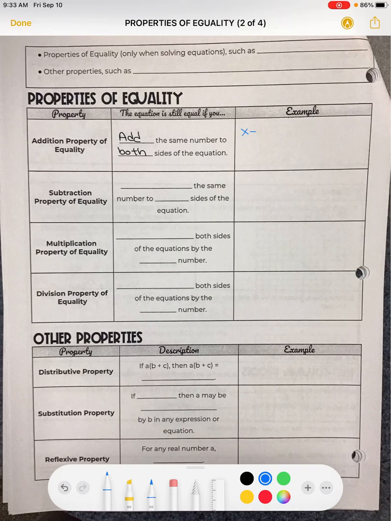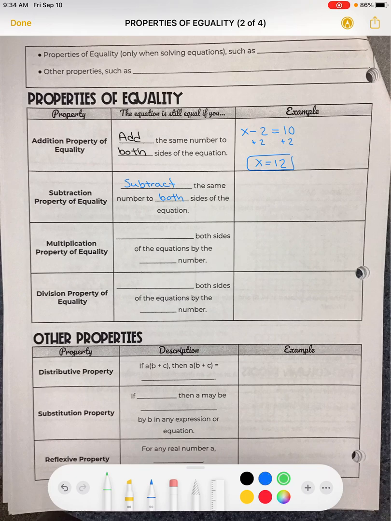An example would be like if you had the problem x minus 2 equals 10, we learned to solve a one-step equation by adding 2 to both sides and getting x equals 12. We use all of these four in solving equations. So the subtraction property would be subtract the same number to both sides of an equation.